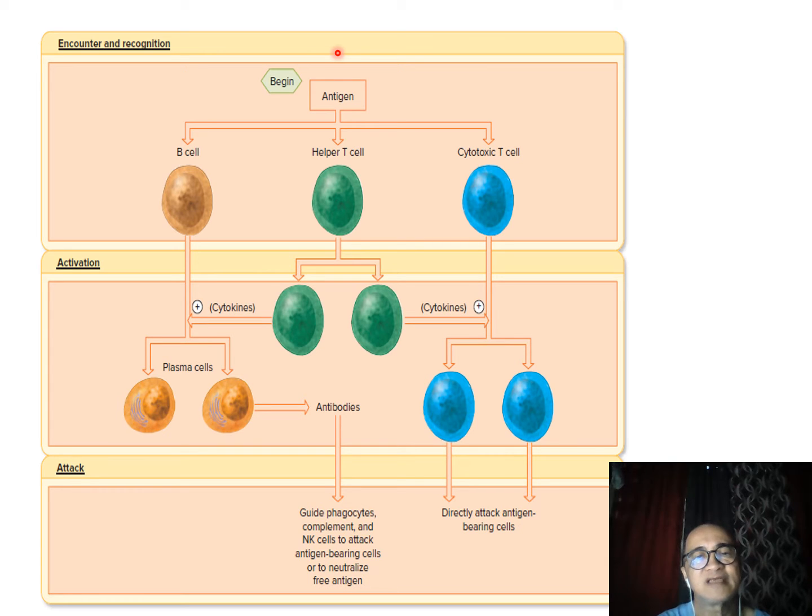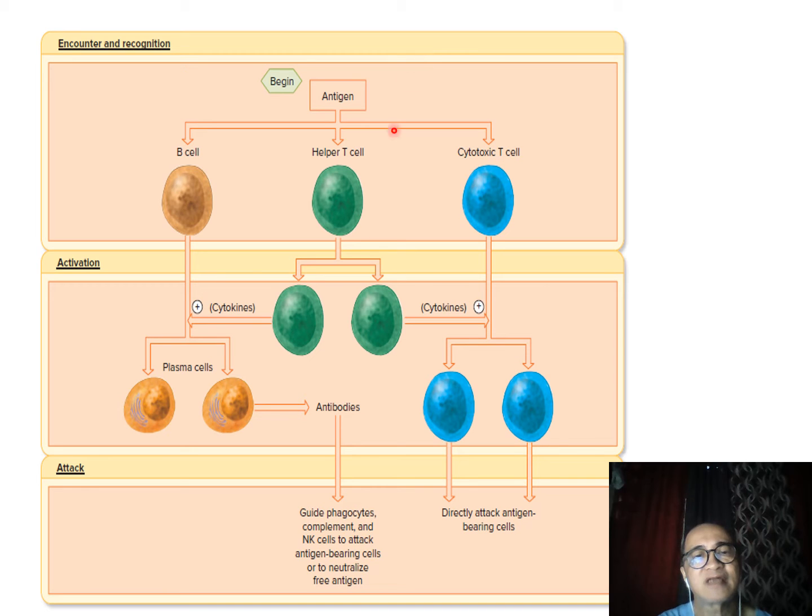Activation of B cells and T cells, or helper T cells and cytotoxic T cells, requires antigen receptor and MHC protein binding. When helper T cells are activated with antigen, they secrete specific cytokines that coordinate the immune responses of plasma cells and cytotoxic T cells.